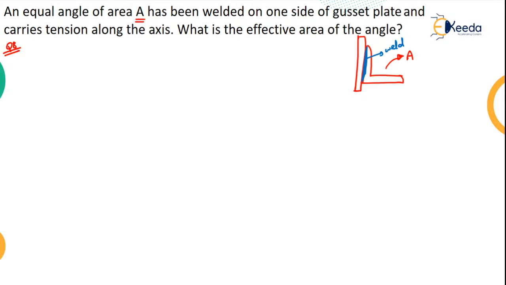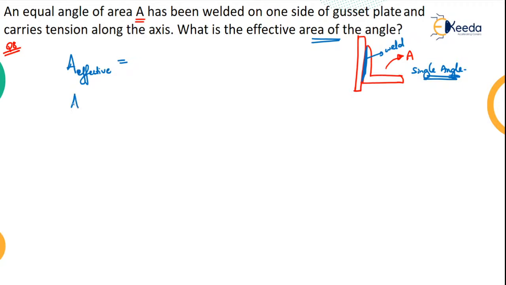What is the effective area of the angle is what he is asking you. Now this is a single angle, right? I want to calculate what? The effective area of the angle section.